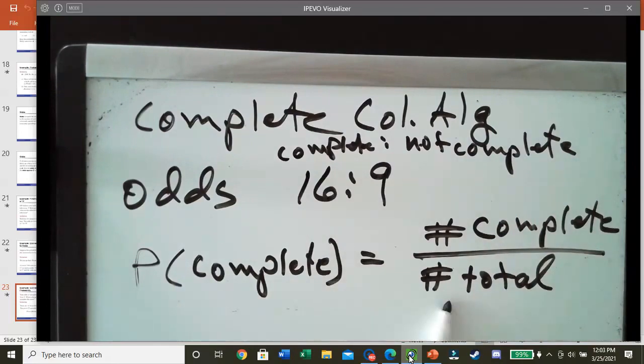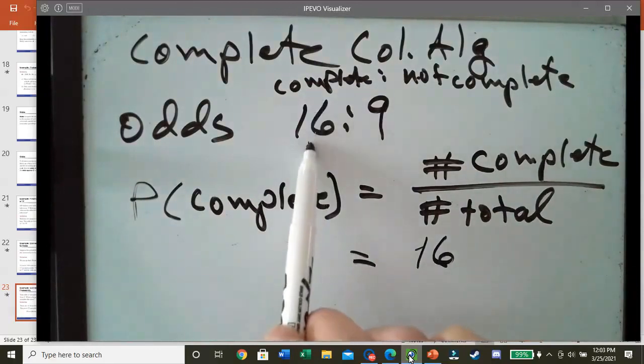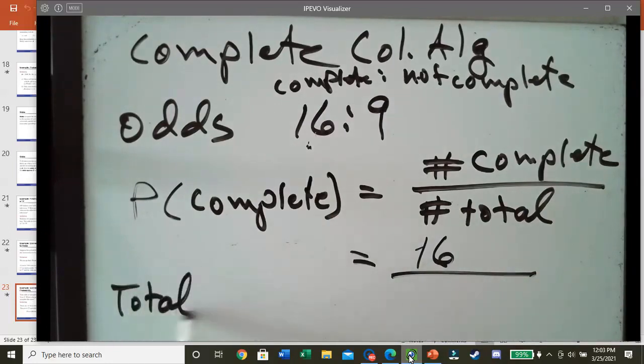So what's our numerator going to be? 16, because that's the same number as this, right? But we need a total. So we've got to figure out what the total is. What's our total going to be?